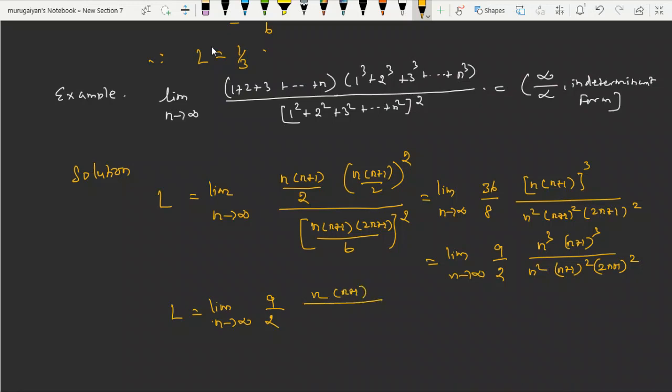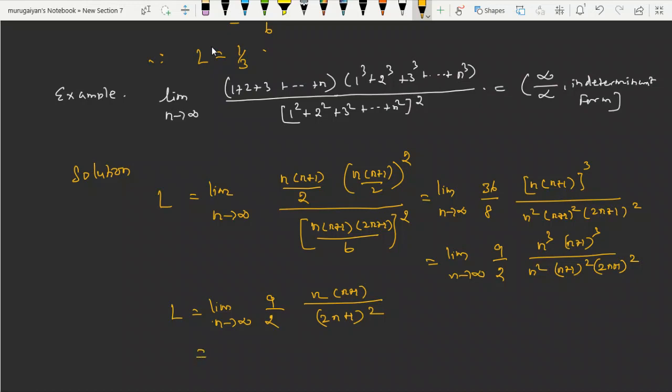The denominator only 2n plus 1 the whole square, correct? So in the expansion we can take the highest degree, n into n square, because n approaches infinity; denominator 4n square, the one of the expanded term.